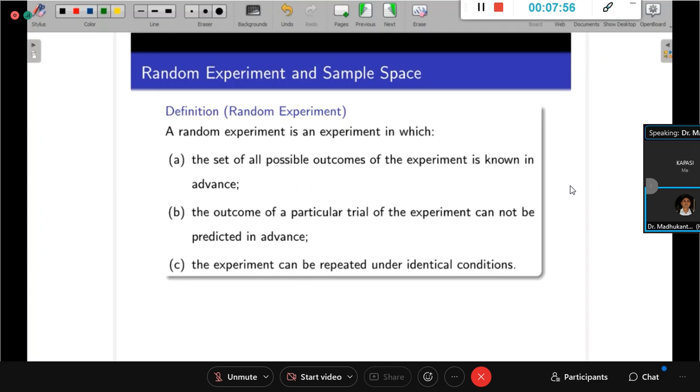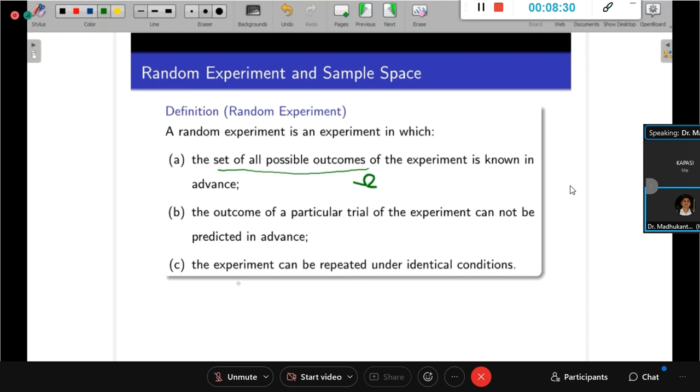Now, the name attached to the set of all possible outcomes is the sample space, which we denote by omega. I'm matching it with the universal set omega. Otherwise you can take S also, which is a standard notation that some textbooks follow.